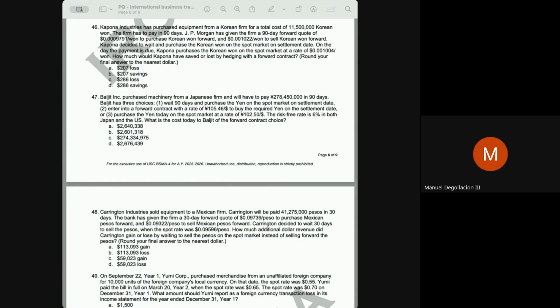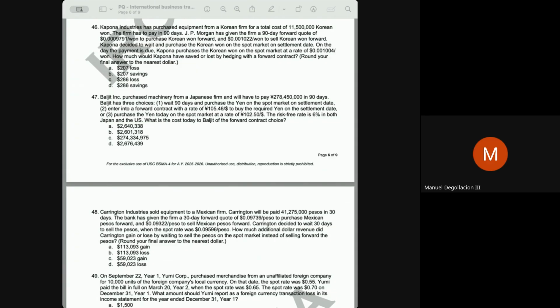So under option 2, how much would the cost of the forward contract be?